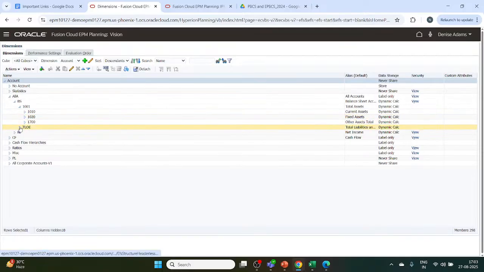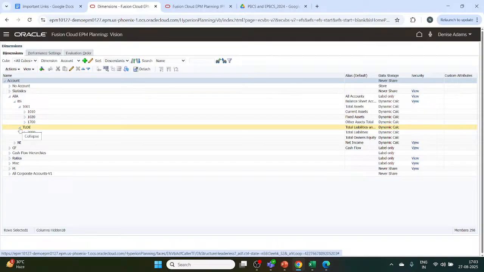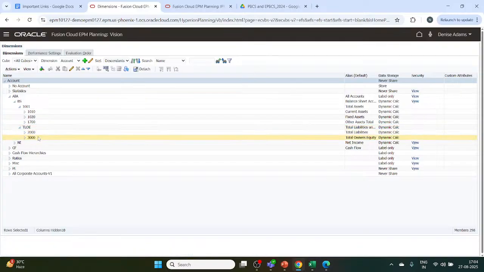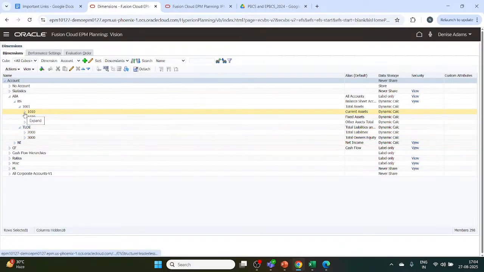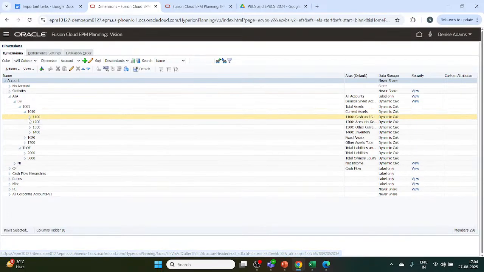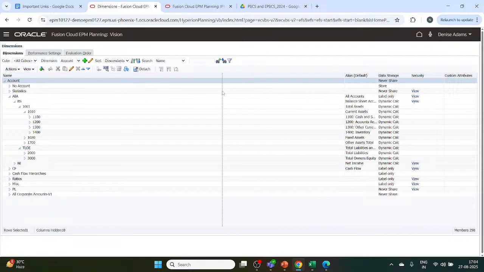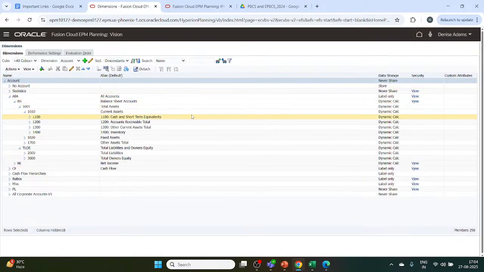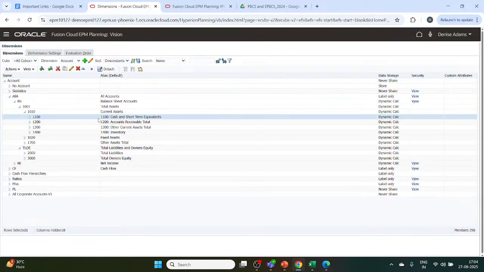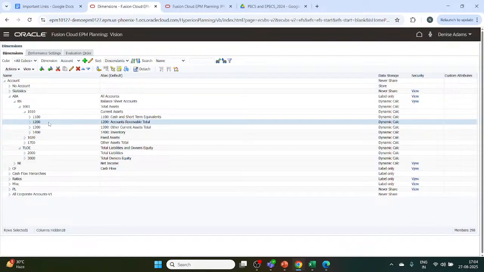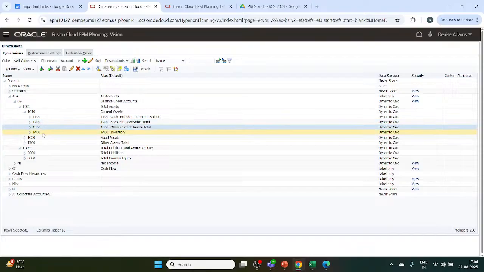Here under the liability side we can see the total liability, total owner's equity, net income. Yeah, so when further we open it, then we can see the cash and securities. Once I drag it here, we can see the exact name of all the parents and children. So here the cash and short-term equivalent, account receivable, total assets, inventories.